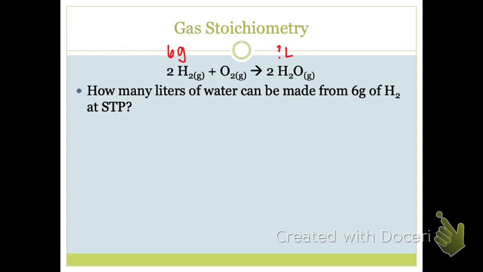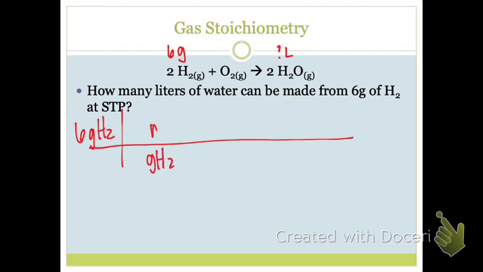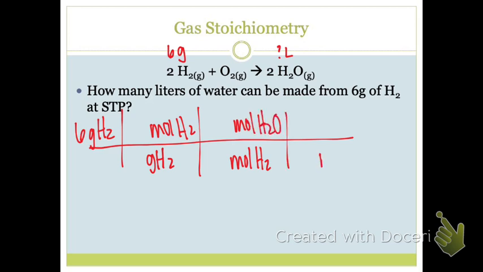So I just start with what I know. I'm going to get rid of grams of H2 and go to moles of H2. Moles of H2 to moles of water. That's our mole ratio step. And then moles of water. What am I aiming for here? I'm going to go to liters of water.